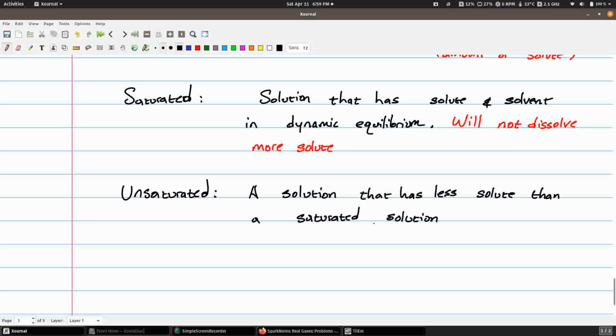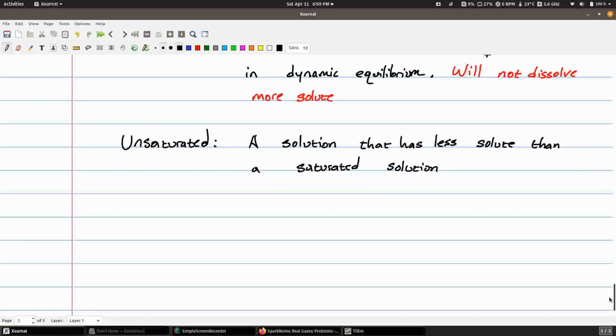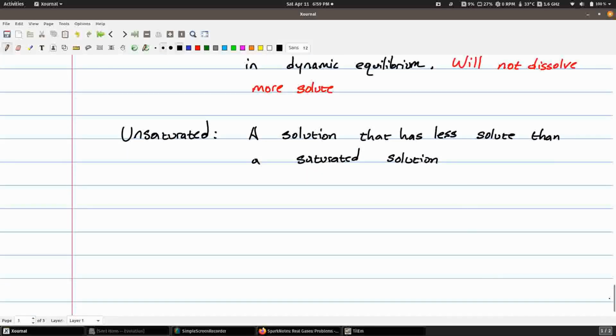So if you add more, it's still going to dissolve up until it gets to saturated. So for example, since I already gave you these values, it's for KNO3.